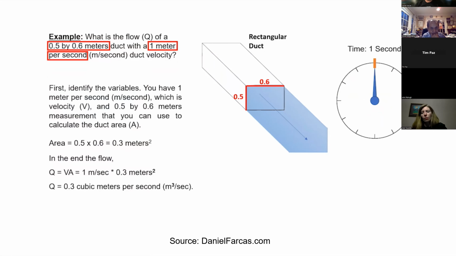In this case, it's easy and fast to calculate the area. The area is 0.5 times 0.6, which equals 0.3 square meters. And then we just multiply the result with 1 meter per second to find the flow value, which is 0.3 cubic meters per second.